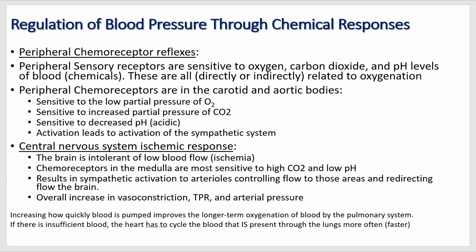We need to cycle blood through more to become oxygenated, and increase that movement of blood through the body. So we have chemical receptors. Peripheral sensory receptors are sensitive to oxygen.